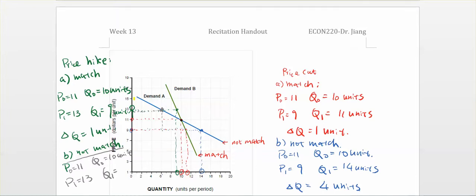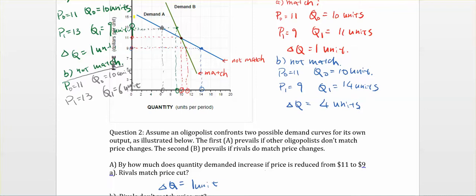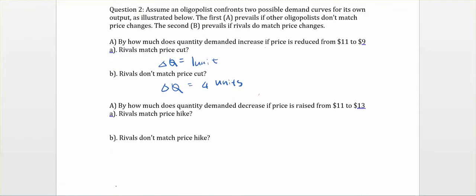Corresponding to this point, the demand is 6 units. So when the price increases and the rivals do not match, the quantity decreases by 4 units. Now we can fill in the blank. When the rival matches the price, the change is 1 unit. When the rival does not match the price, the demand decreases 4 units.